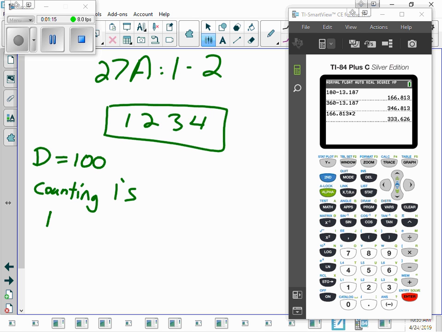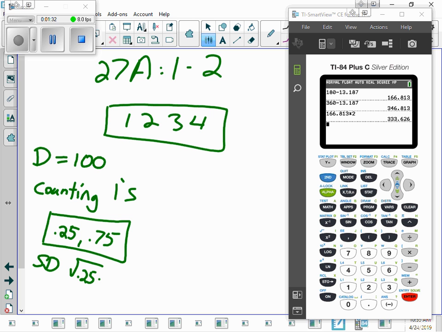Well, really, I'm drawing from this box. Does everybody get that? So my SD is going to be the square root of 0.25 times 0.75. So the square root of 0.25 times 0.75 gives me 0.433.